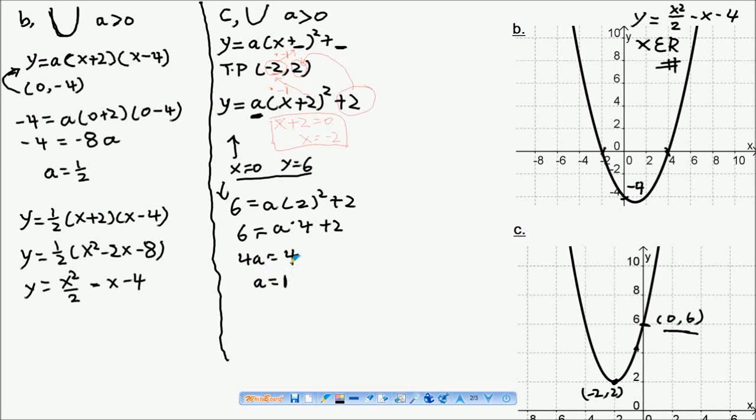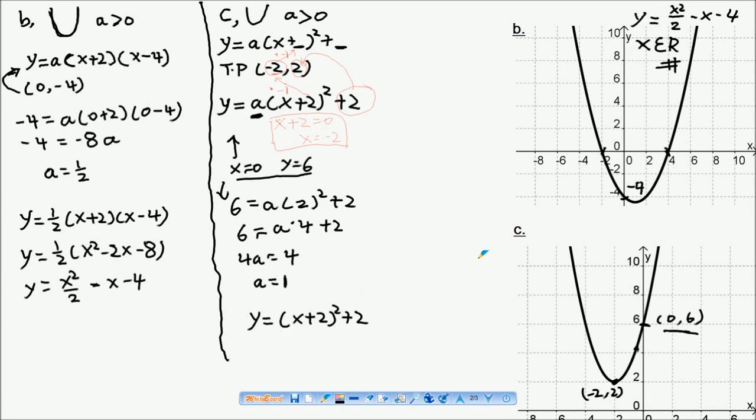So the equation of this parabola is that. You can expand it to this form if you want, but I'm just going to leave it like this.